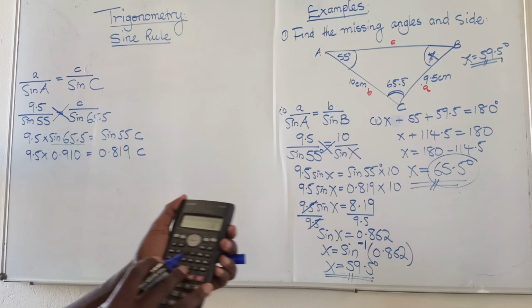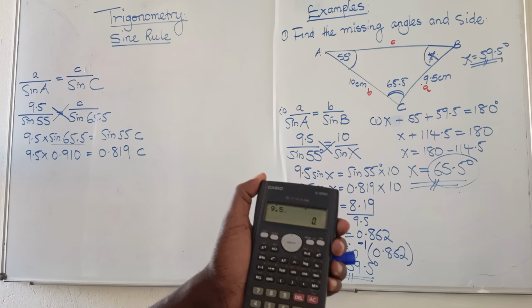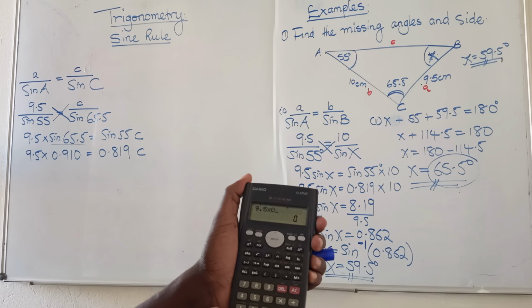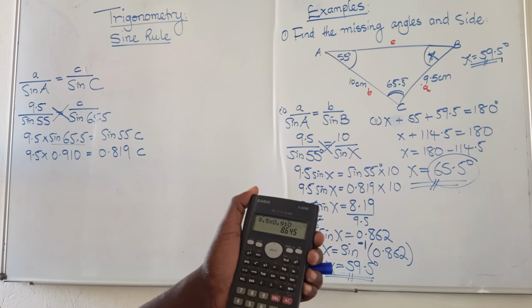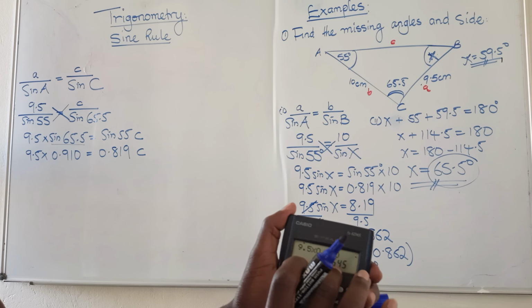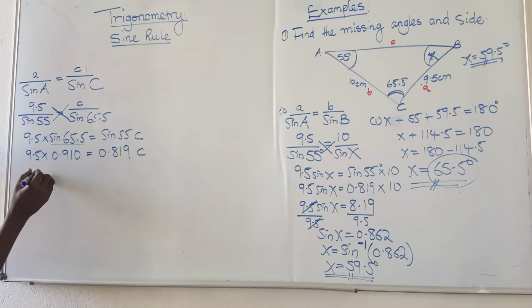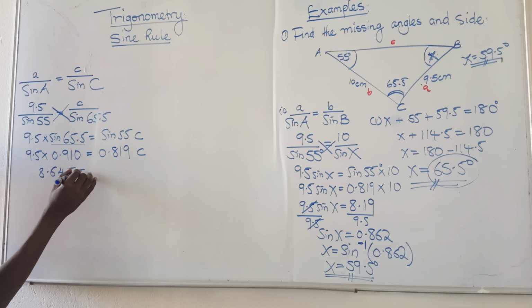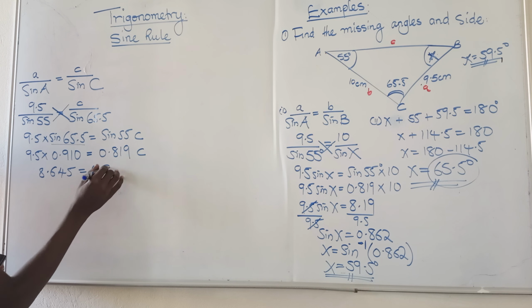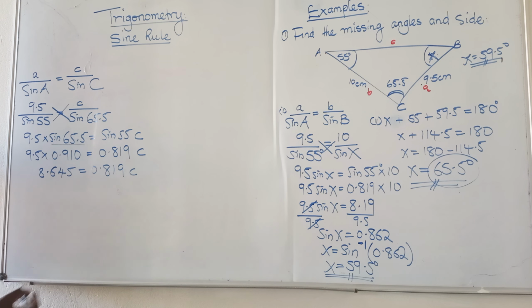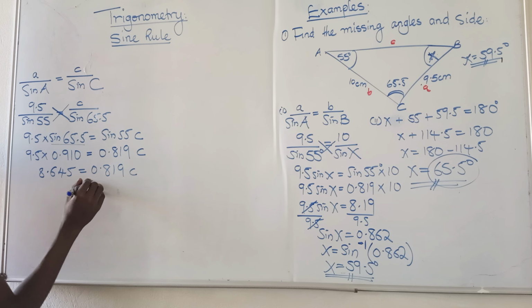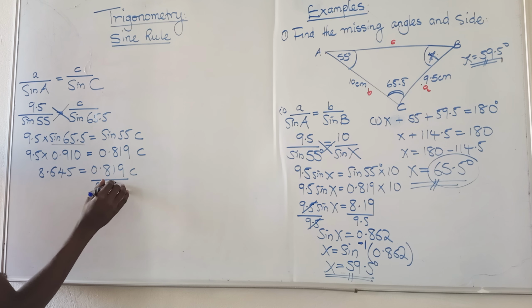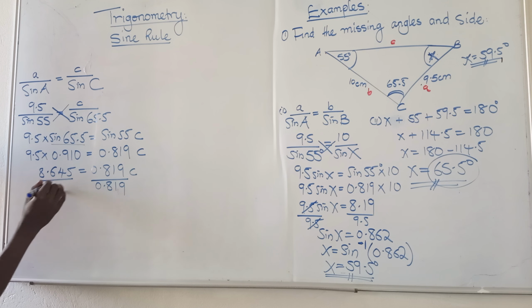So when we multiply 9.5 times 0.910, it gives us 8.645. So here we have 8.645 is equal to 0.819C. In order for us to make C the subject, we divide by 0.819.